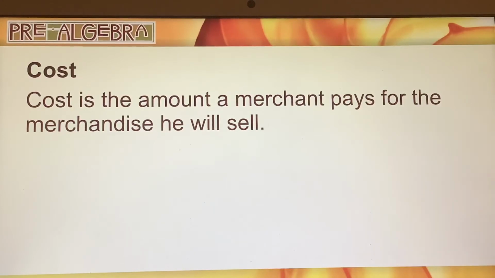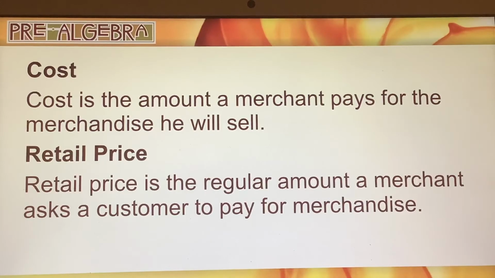The cost is the amount a merchant pays for the merchandise that he will sell. Then the retail price is the regular amount a merchant asks a customer to pay for the merchandise. So let's go back to the basketball.